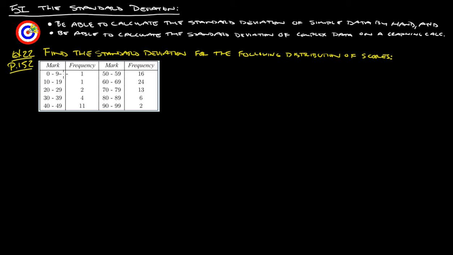Okay, so on this continuous type data, that's what this is called when you have from 0 to 9, what we're going to do is find the average of these. So the average of 0 to 9 is just 4.5. Okay, so this is going to turn into 4.5.